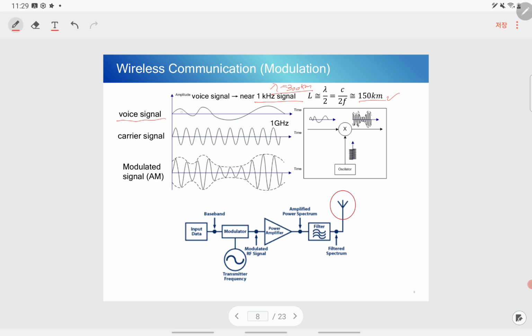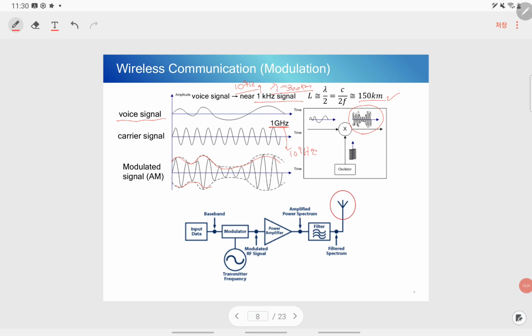But to send this signal, we multiply it with a carrier signal, which has a much higher frequency, about 1 gigahertz, which is 10 to the 9 hertz, while this is 1000 hertz. We mix the much higher frequency together so that we have this amplitude modulated signal. The voice signal is still there, mixed with the carrier signal.